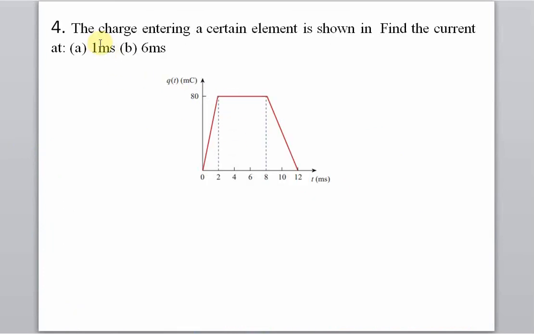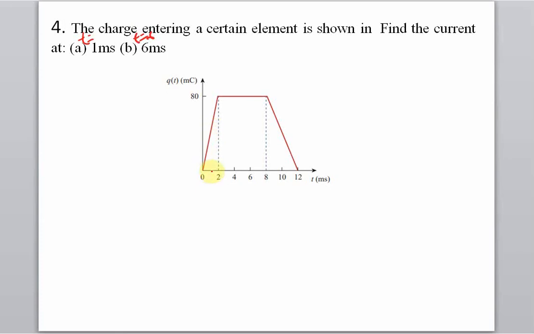Okay, go to the next problem. This is question number 4. The charge entering a certain element is shown in the figure. Find the current at t equals 1 millisecond and t equals 6 millisecond.